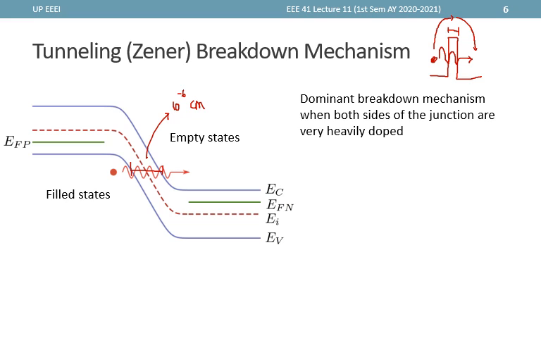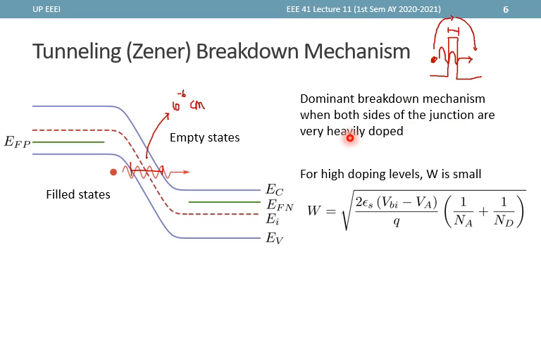Now, this breakdown mechanism is dominant in our p-n step junctions when both sides of the junction are heavily doped, which helps make the depletion width smaller and reach this thin enough width faster.